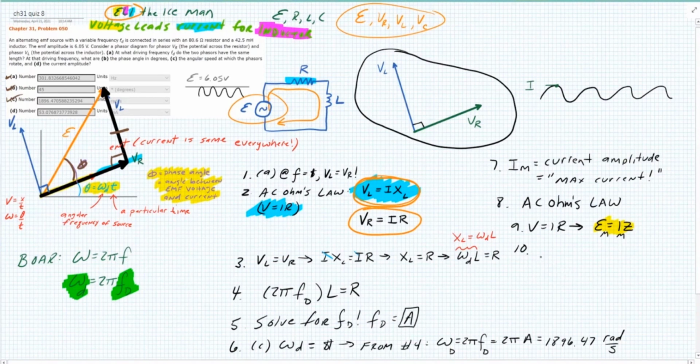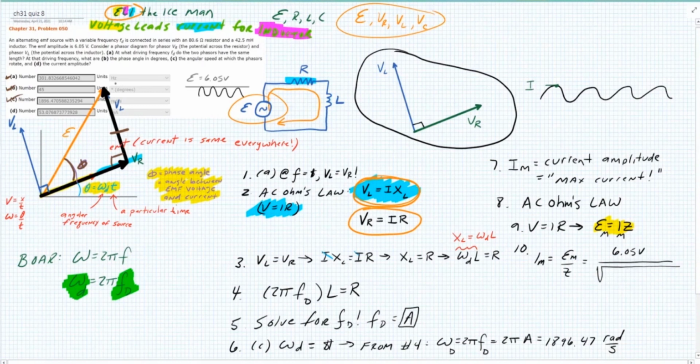All right, so if that's true, that current amplitude, the maximum possible current, is my EMF over my impedance. My EMF is given as 6.05 volts, all over impedance. And we remember impedance is the overall aggregate resistance to current flow.